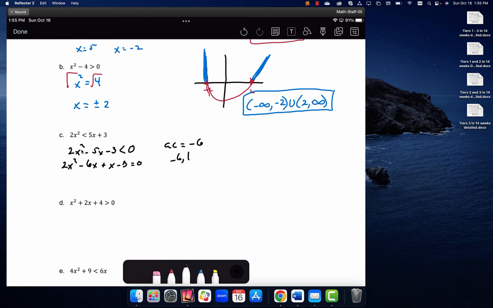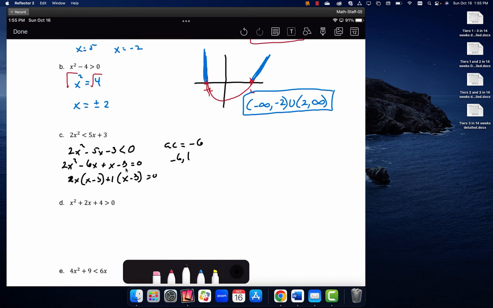From here, factor by grouping. Looking at the first two terms, their GCF is 2x. Factor that 2x out, we're left with x minus 3. The last two only have a 1 in common, so we'll factor out a 1. We're left with x minus 3.